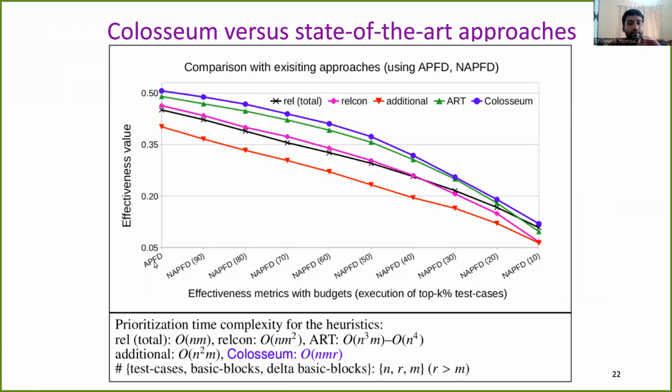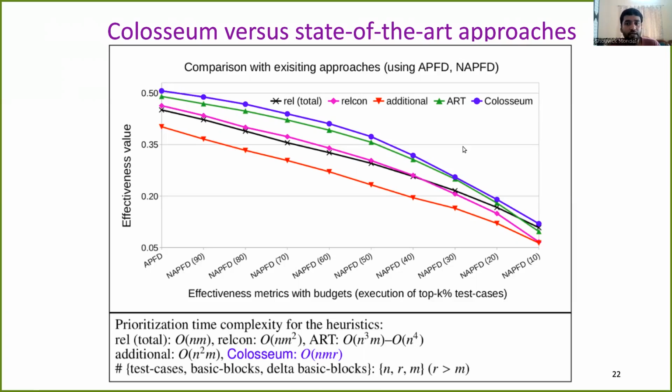Here you see that this decreases along the x-axis as we go right. So this is the budgeted APFD. Normalized APFD, NAPFD. APFD 100 is the APFD of executing the top 100 percent of test cases, that is executing all the test cases. Then the next is the APFD of executing the top 90 percent of test cases, and then the top 10 percent of test cases at the right.